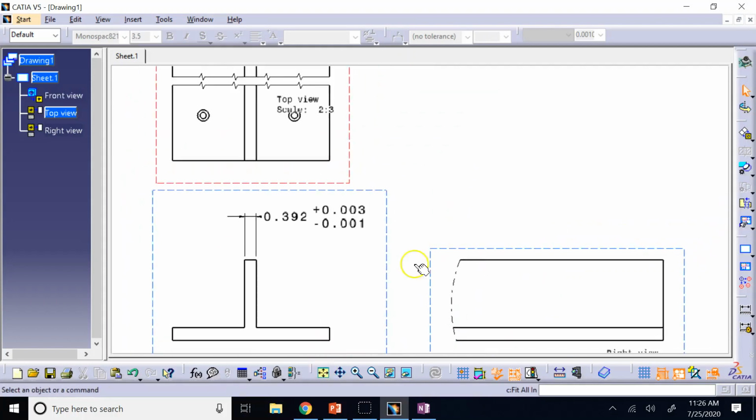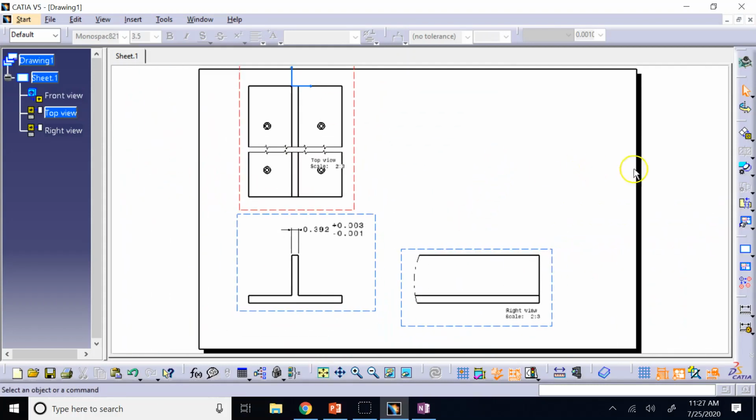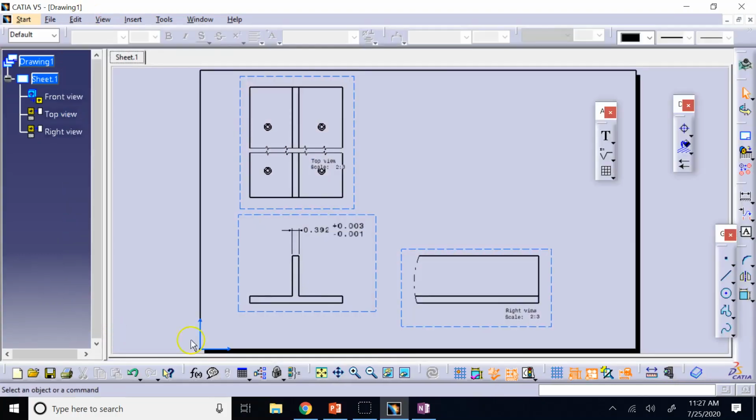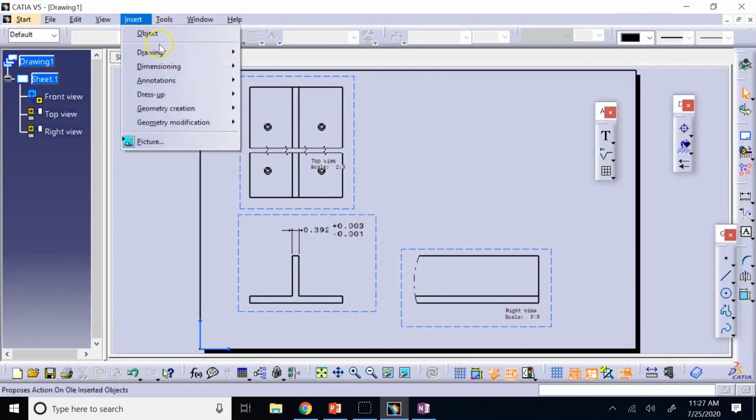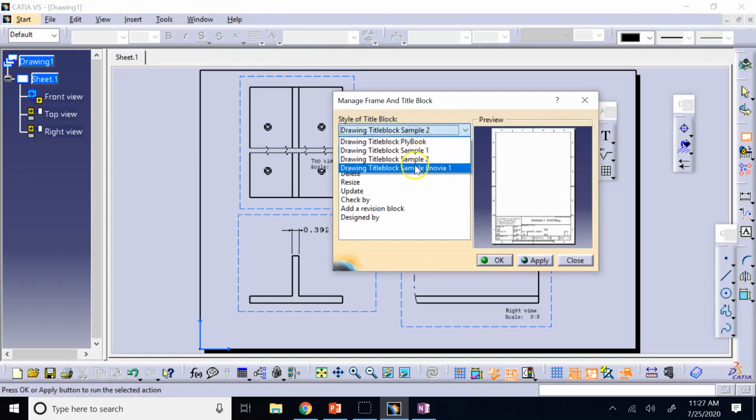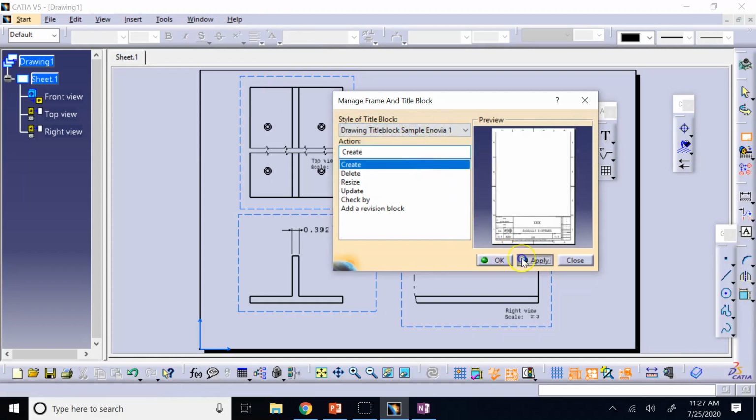Now, what about the general note? So general note, we have to add it in the frame and title block. So first we need to have a frame and title block. And remember, you could go to Edit, go to Sheet Background, and then go to Insert, and then Drawing, and then what? Frame and Title Block, and choose one of the default frames and title blocks made by Dassault Systemes, right?